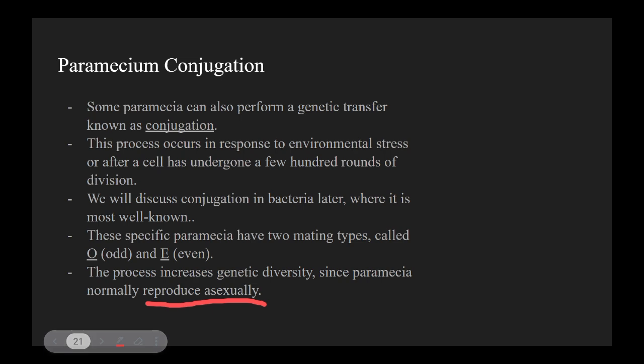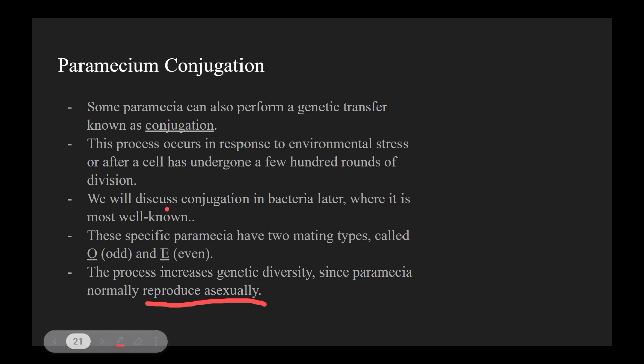They don't move as well, and they're kind of static. So they're not fully functioning. So basically, when you perform conjugation, one of those more dead paramecia can conjugate with a normal paramecium, and then that gene exchange actually rejuvenates the cell. The cell is now more active because it got some DNA transfer from a paramecium that's pretty much normal. So that's another reason why these guys do this.